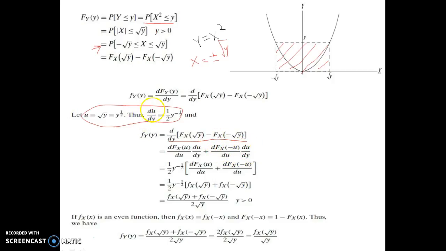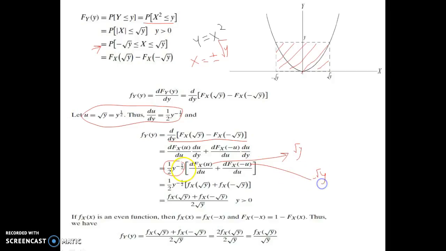So we know that du by dy is half y to the power minus half. So this is half y to the power minus half, and this is also half y to the power minus half. So we can take half y to the power minus half common. So this becomes dF of u du plus dF of minus u du. Okay. u is given by root over y, and minus u is given by minus root over y.